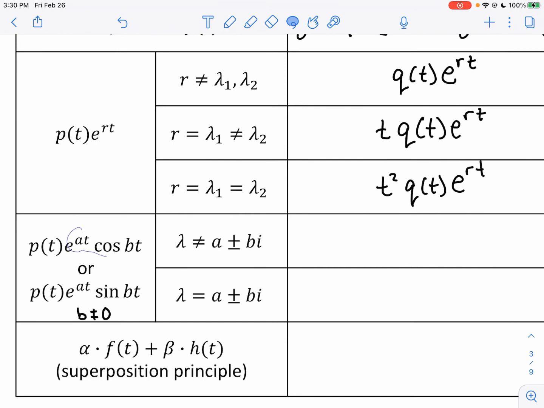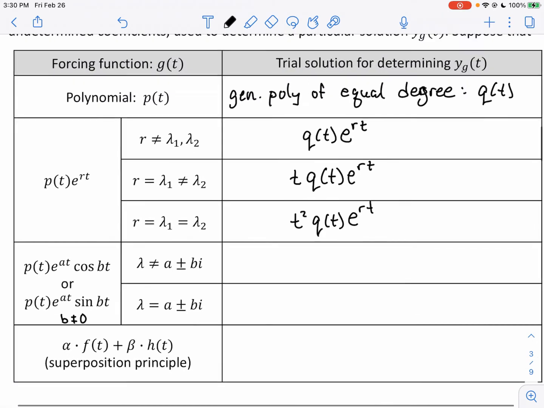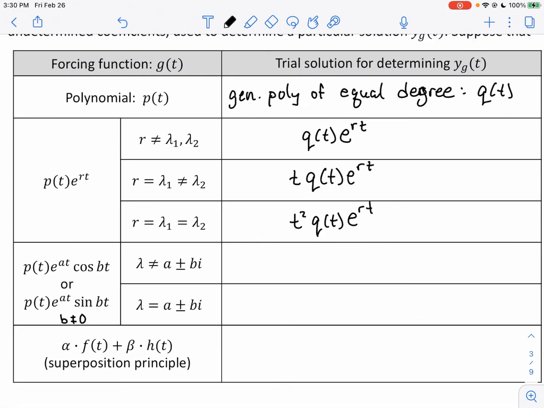And if the a and b in your forcing function don't match the a and the b entirely, so this a has to be that a and this b has to be that b, if your expression here does not perfectly match this, then we create what we're calling a trial solution by doing the following.